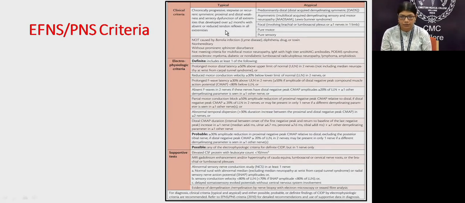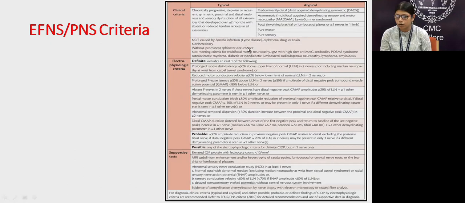It has divided CIDP into typical and atypical. The atypical, this criteria recognizes as the DADS variant, the MADSAM variant, which is an asymmetric CIDP, standing for multifocal acquired demyelinating sensory motor neuropathy, otherwise called Lewis-Sumner syndrome, focal, pure motor, and pure sensory.